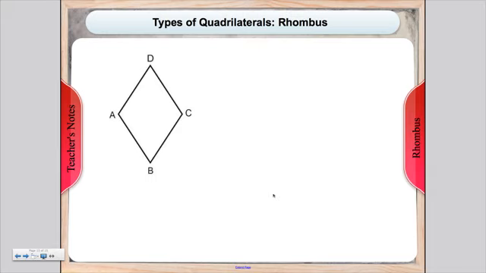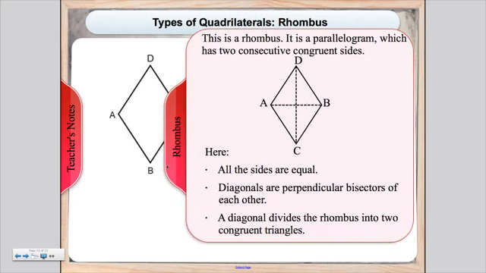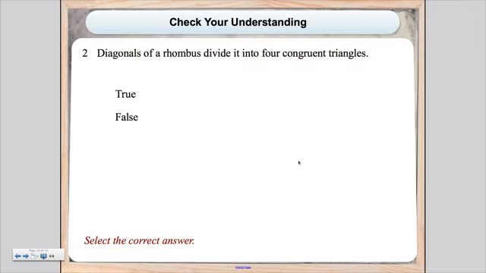Okay, now for a rhombus. Here are the notes. Pause the video until you are done. Okay, now let's check our understanding. Diagonals of a rhombus divide it into 4 congruent triangles.